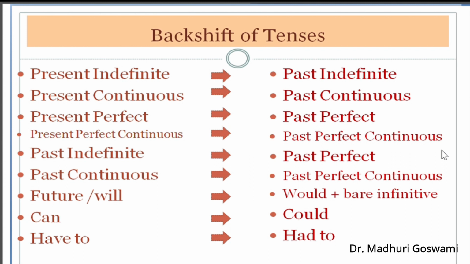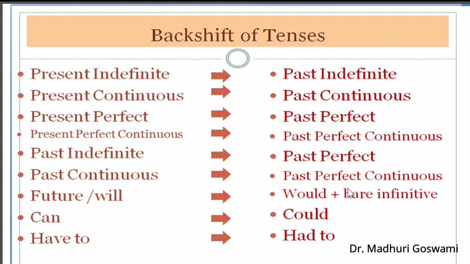Now, how to change the past indefinite or past simple? It's quite easy to remember that all the present tenses would be changed into the past tenses. Now, let's focus on the past indefinite or past simple tense. This tense is changed to the past perfect tense, and the past continuous is changed to the past perfect continuous.